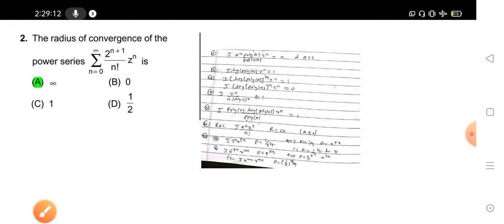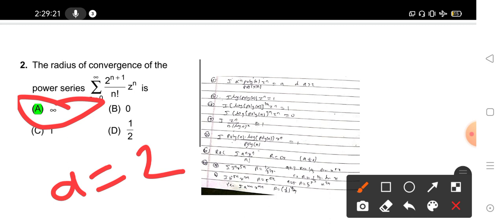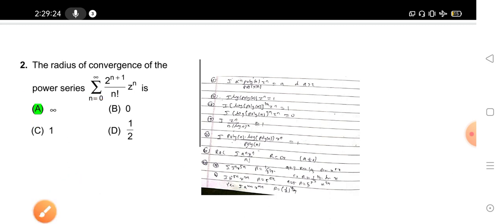By this result, we get the radius of convergence is equal to infinity. Here a equal to 2. So option A is correct.